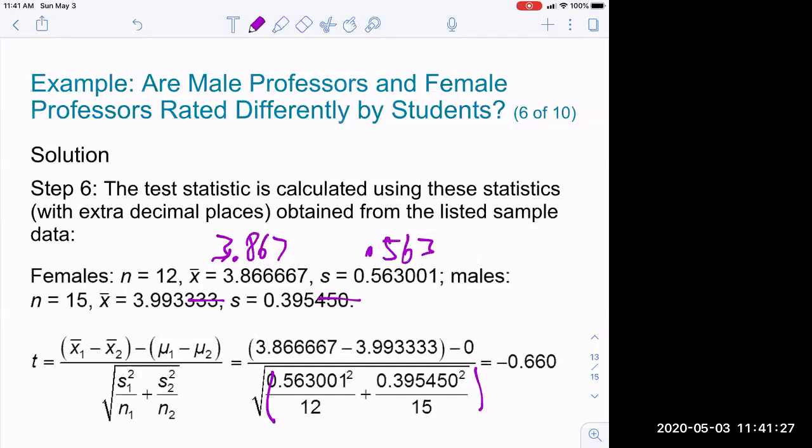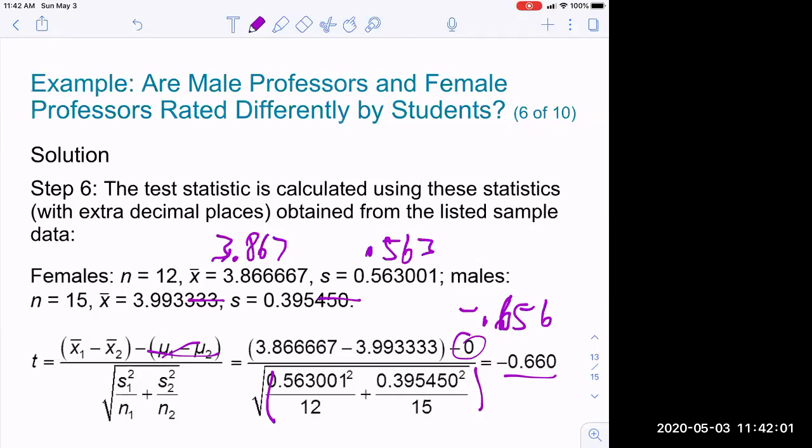And try on your calculator. I will tell you, I got a different value. I got negative 0.656 because I rounded, so I'm not quite as accurate as the author was going out to so many decimal places. So that's our T value. Remember, that's 0. So it makes it a little easier.